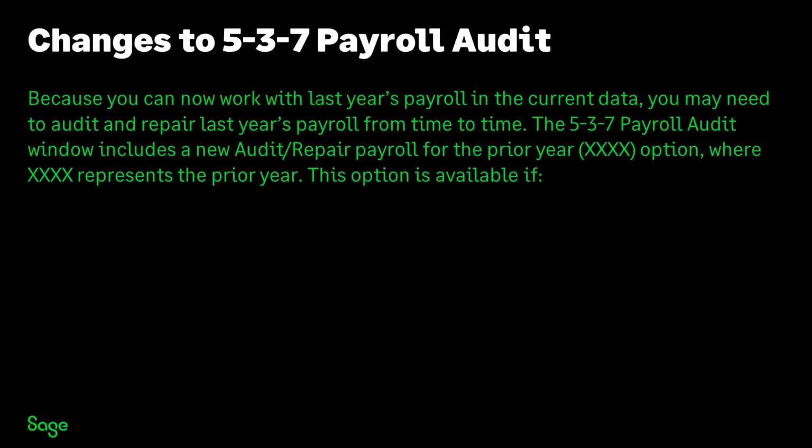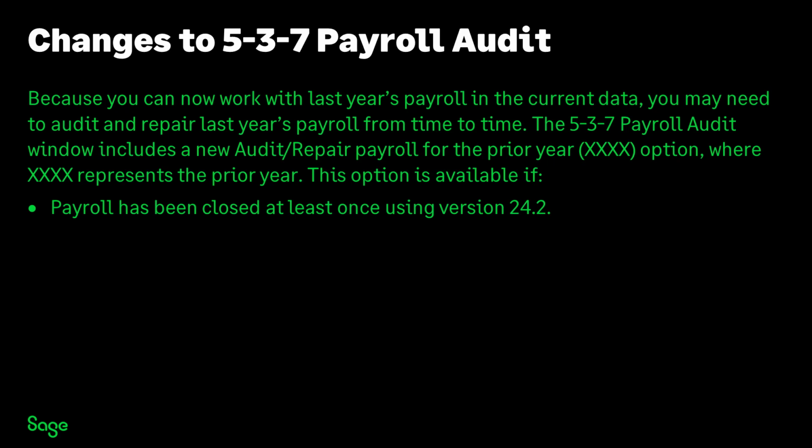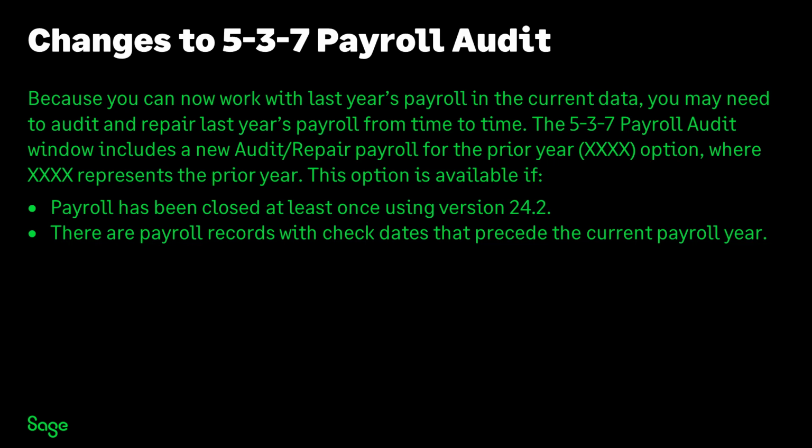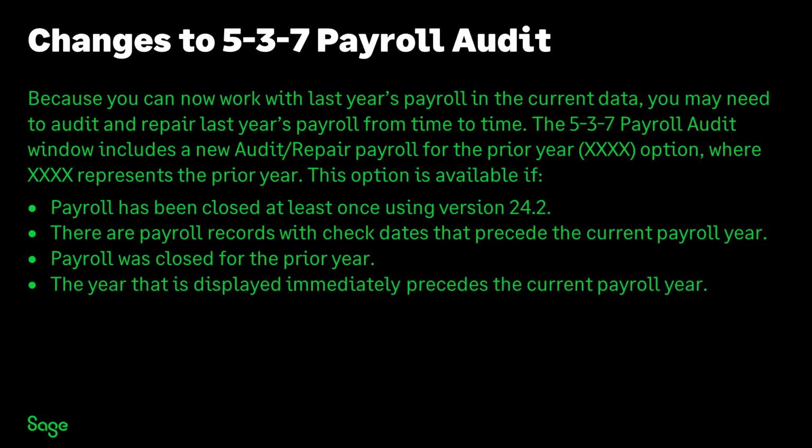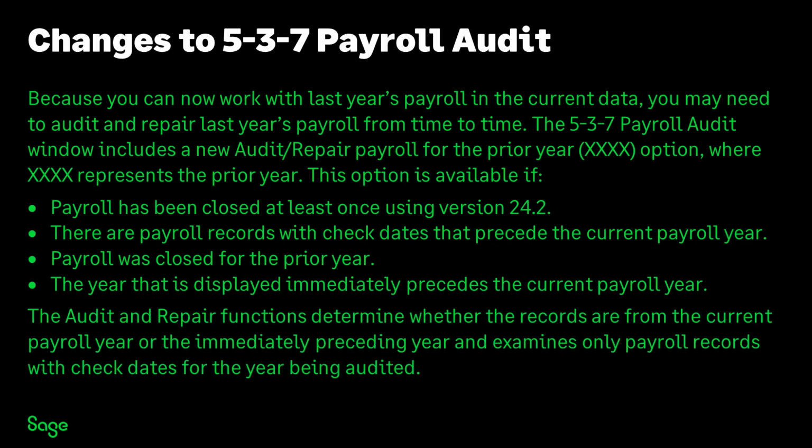This option is available if payroll has been closed at least once using version 24.2, there are payroll records with check dates that precede the current payroll year, payroll was closed for the prior year, and the year that is displayed immediately precedes the current payroll year. The audit and repair functions determine whether the records are from the current payroll year or the immediately preceding year, and examine only payroll records with check dates for the year being audited.